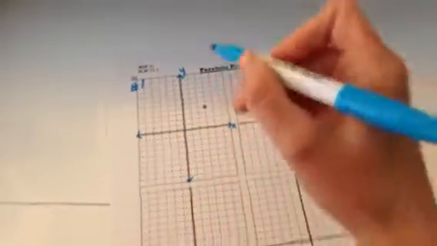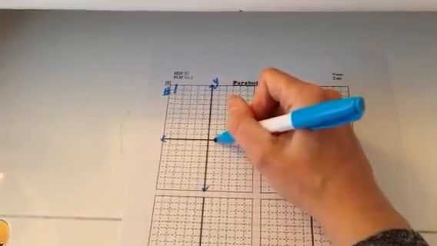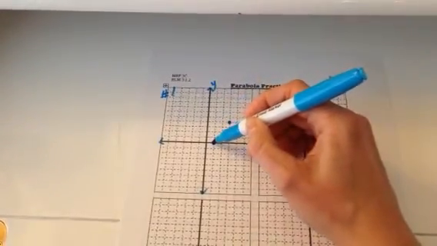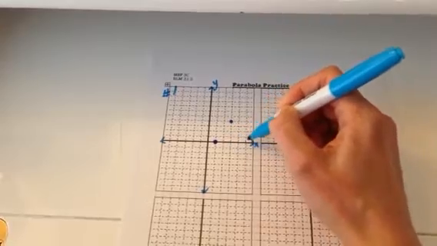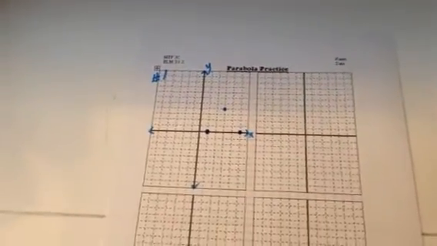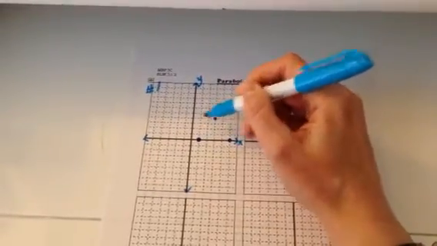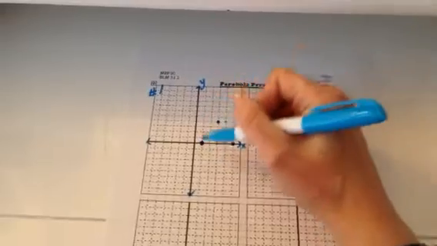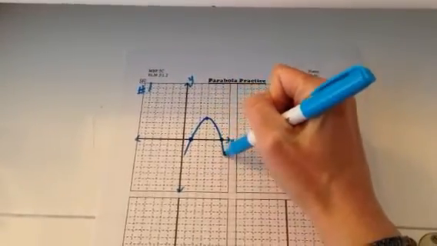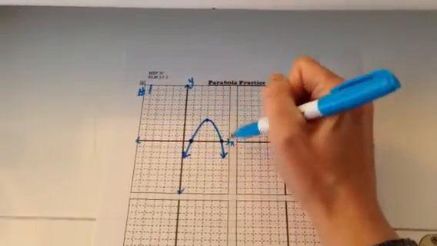I have two of them: one at unit 1, so (1, 0), and the other at 5: 1, 2, 3, 4, 5. My vertex is here and my x-intercepts here. From this you can see that it's going to open downwards and you can draw your curve. Remember to have your arrows to symbolize that it keeps going.